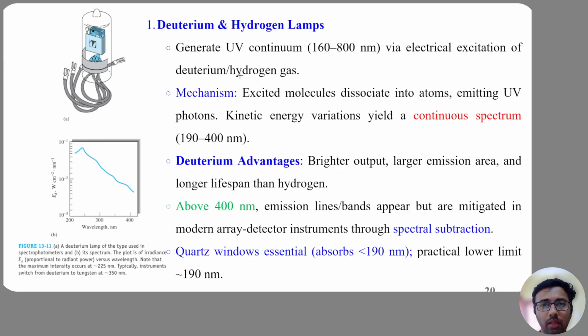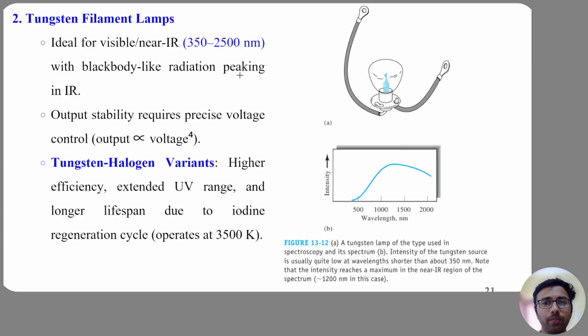Quartz remains transparent down to about 190 nanometers. This material property sets the practical lower wavelength limit of most UV visible spectrometers. Always remember, instrument performance is often limited by material science. Now, let us move into visible region.